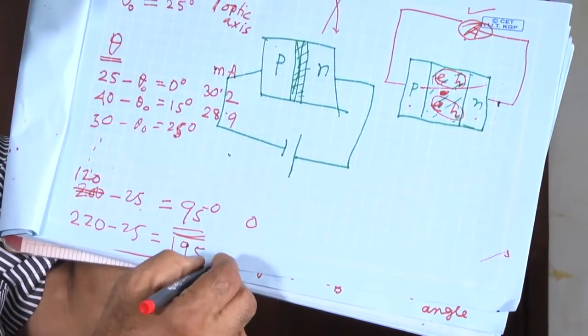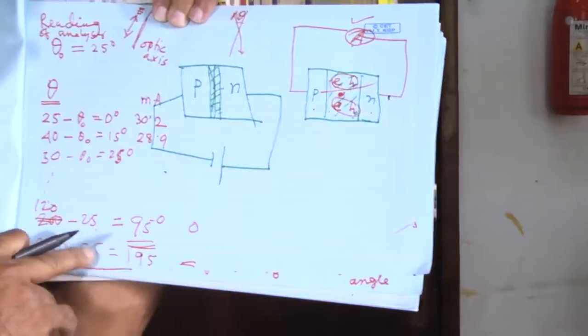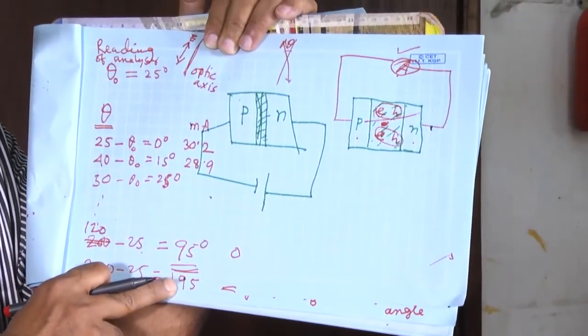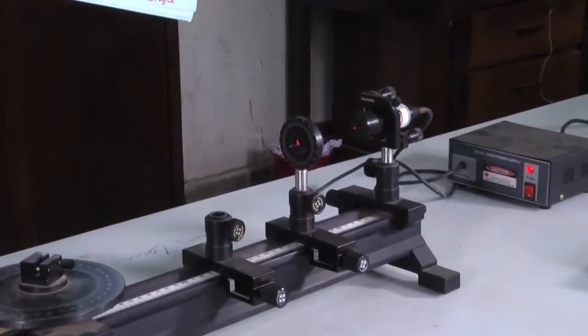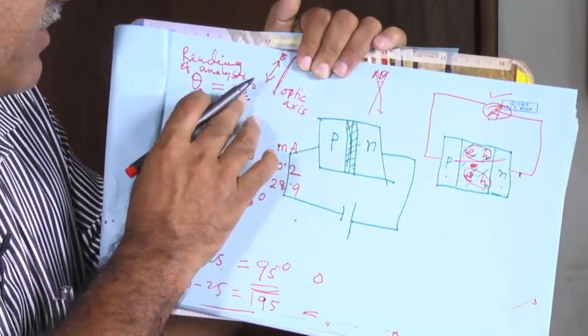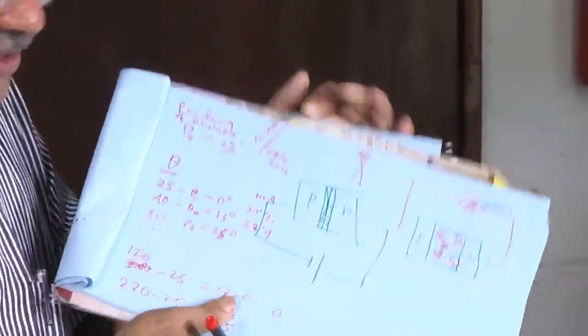So I am getting maximum again. It is supposed to be at 180 degree. It may happen that when I was taking the initial reading there was a mistake, it may not be 25. I will check it when I come back.